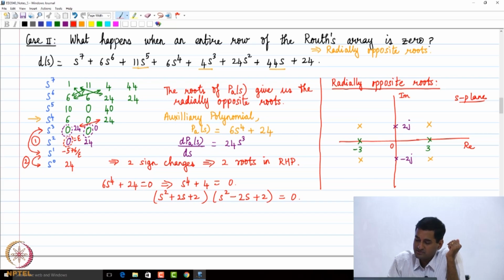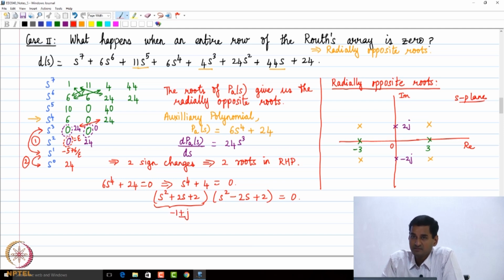So this will be s power 4, and then the s squared terms will cancel off. Correct? Will I get s power 4 plus 4? I am just doing this on the go, so please stop me if I am making a mistake. So is this correct? What are the roots of this polynomial?